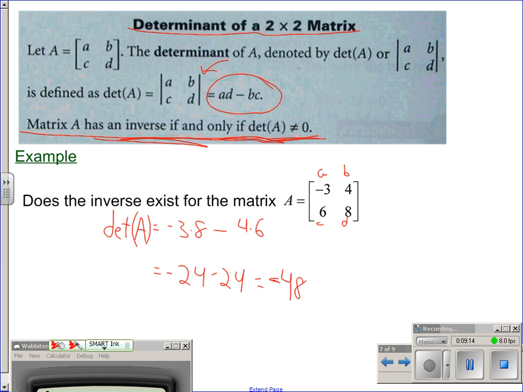I'm fairly certain -48 is not 0. That means A inverse exists. Don't really know what it is yet. We can find it, but at least we know it exists.